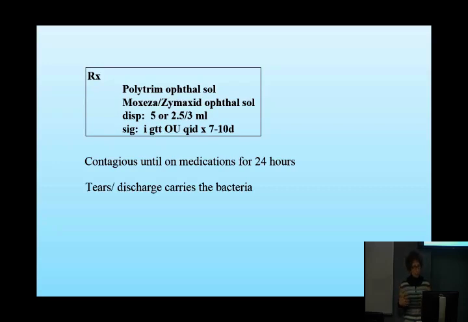Especially kids are prone to a bacteria called Haemophilus, and Polytrim is one of the few drops that actually can target Haemophilus. Moxiza, Zymaxid, Siloxane, these are all versions of cephalosporins. Very strong drops, very efficient. Problems with some of these drops is they're incredibly expensive.